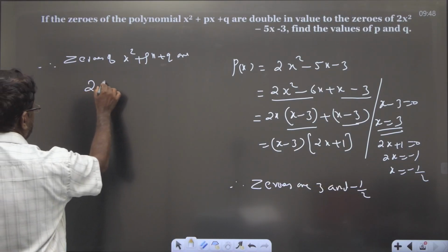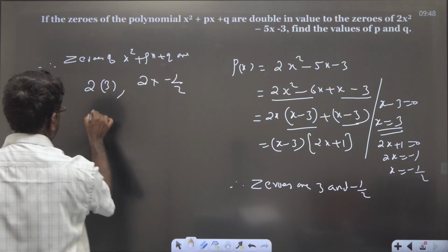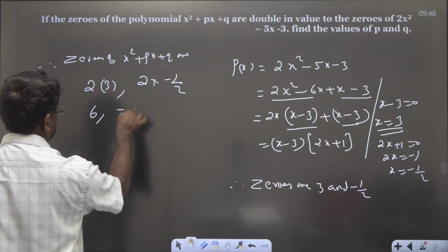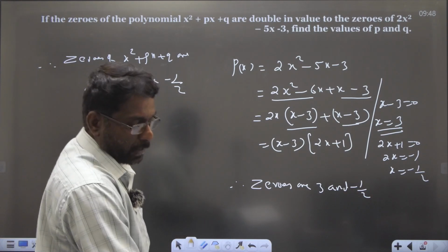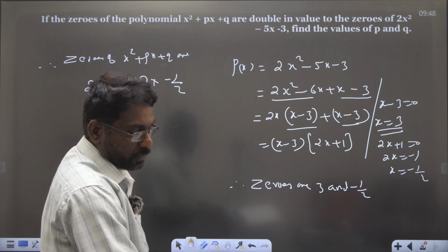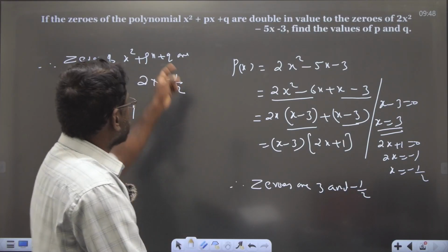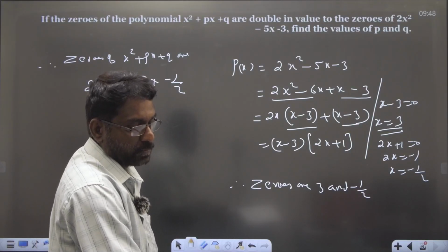That is 2 into 3, which is 6, and 2 into negative 1 by 2, which is negative 1. These are the zeros of the polynomial x square plus px plus q.